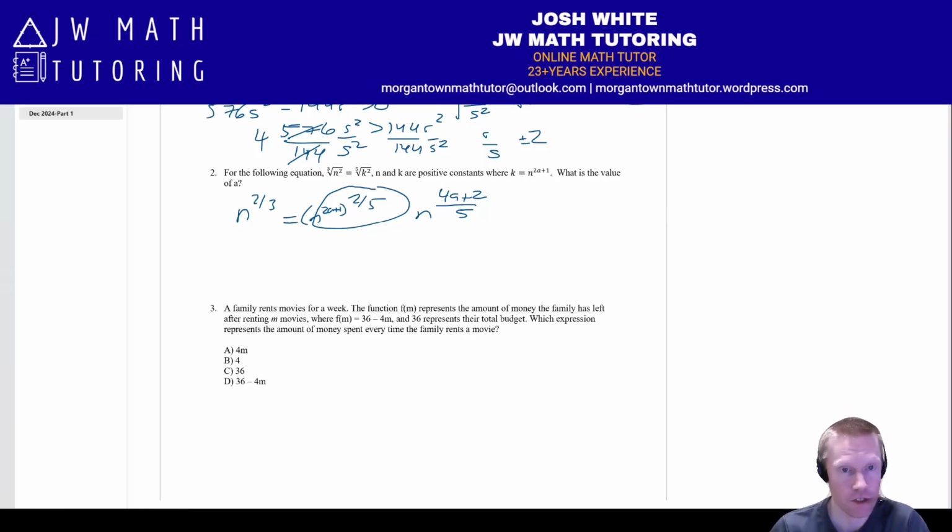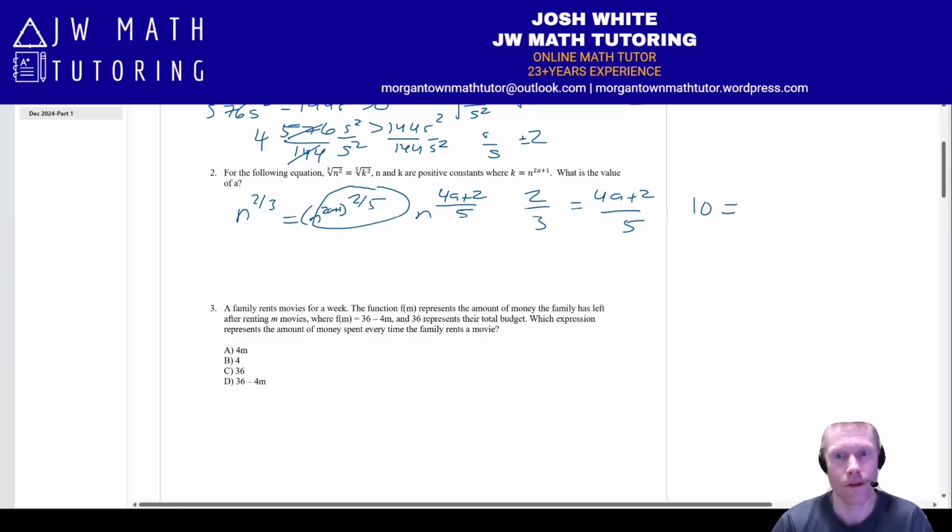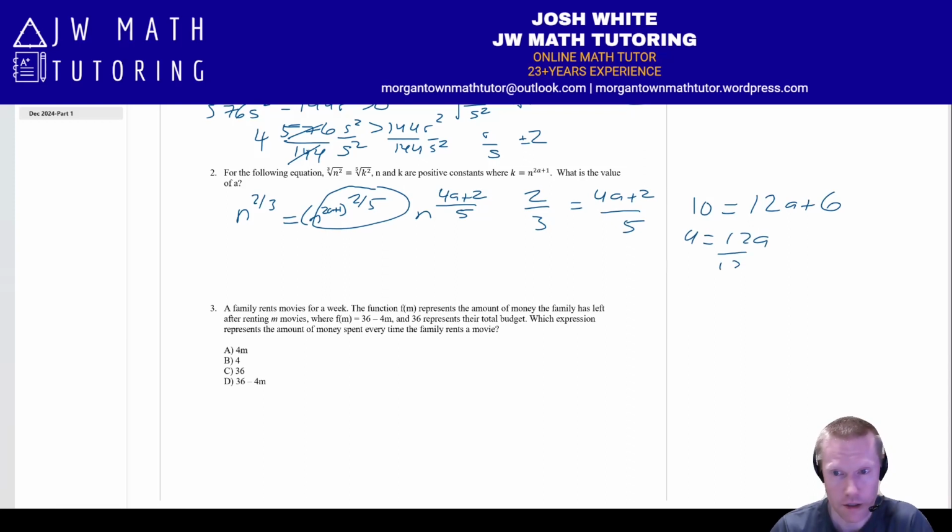Okay, so now you can just set the exponents equal. 2/3 equals 4a plus 2 over 5. You can solve this by hand if you want, cross multiply and get 10 equals 12a plus 6. And just go ahead and subtract. And you get a equals 1/3.